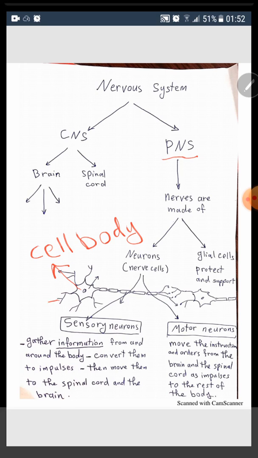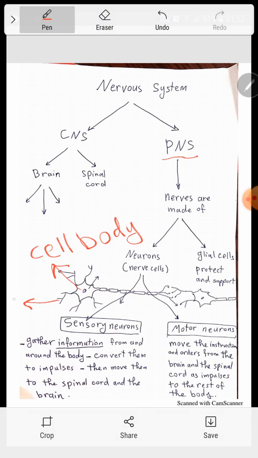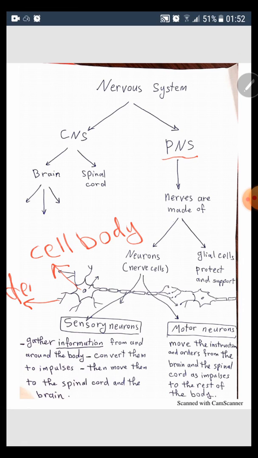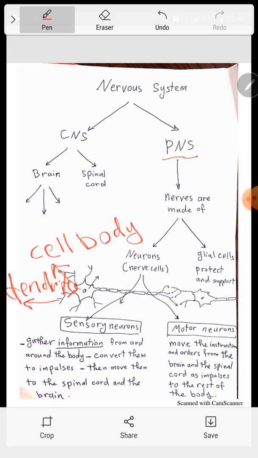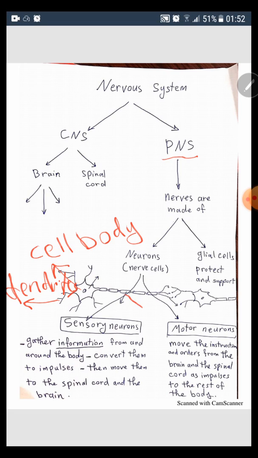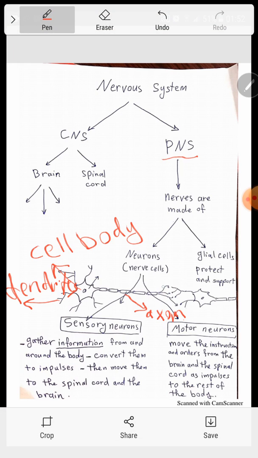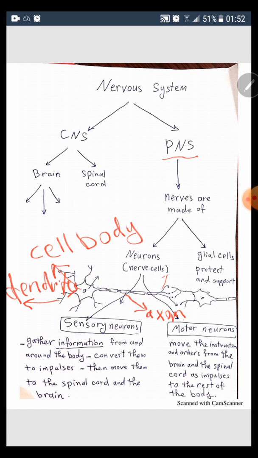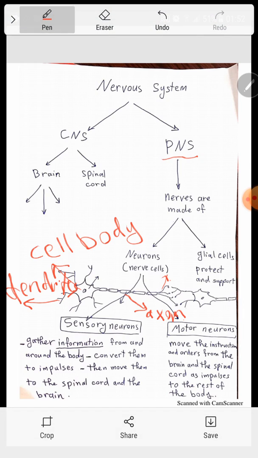Then these extensions that are called dendrites, and this long tail-like structure that is called the axon. Finally, the axon terminals.